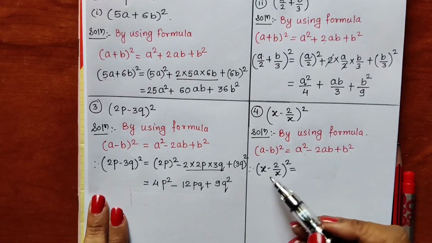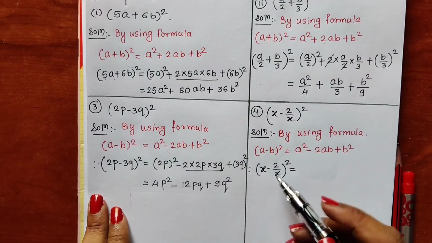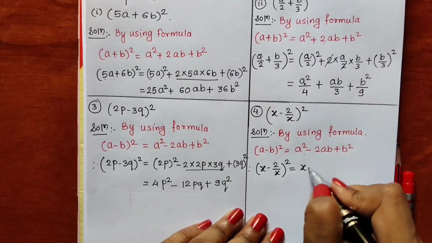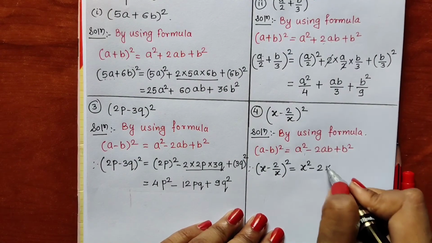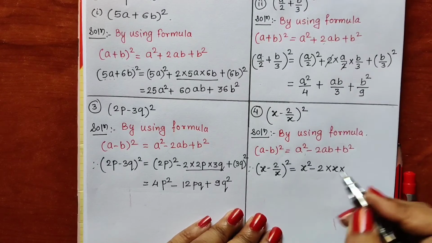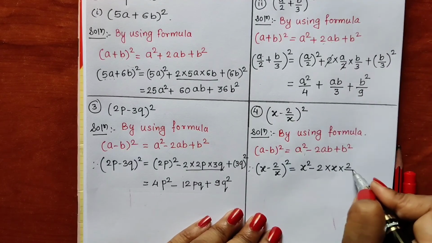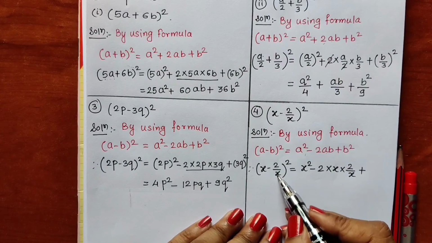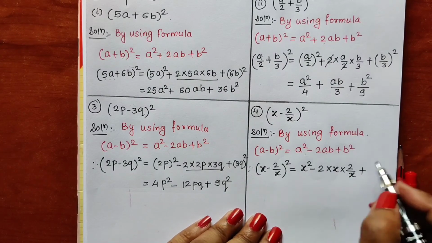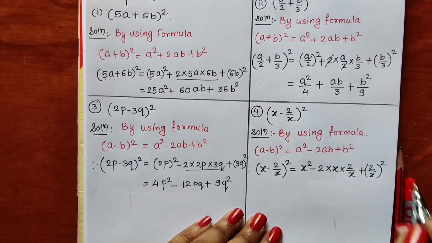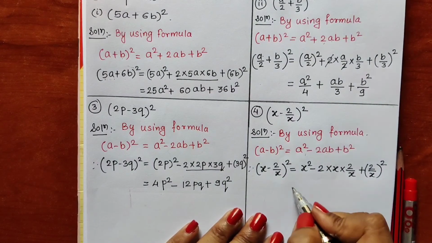Now first term square. Our first term is x, only a variable is there, so we don't need to put it in a bracket. We directly write x square minus 2 multiplied by a, which is x, multiplied by b, which is 2 upon x, plus b square, b meaning the second term, which is (2 upon x) whole square. Okay, now solve it.